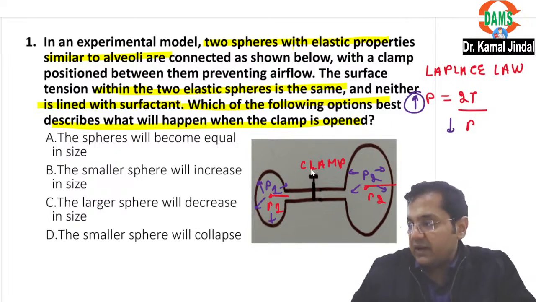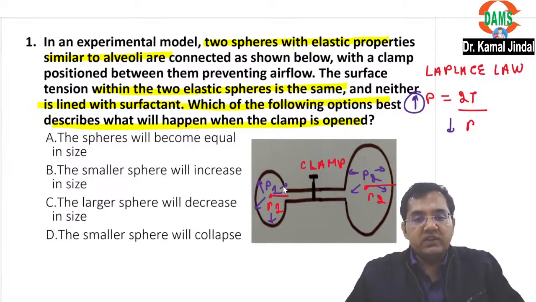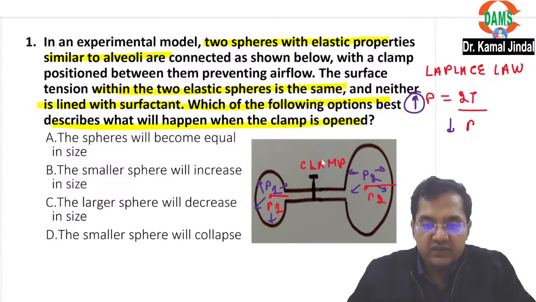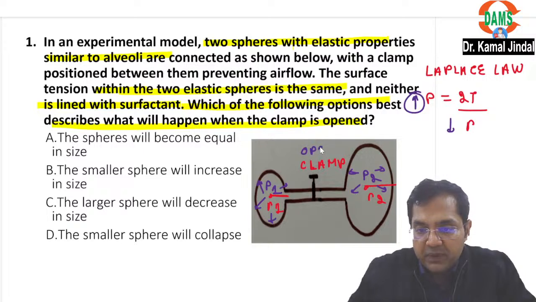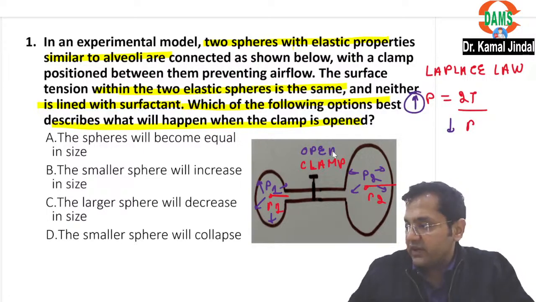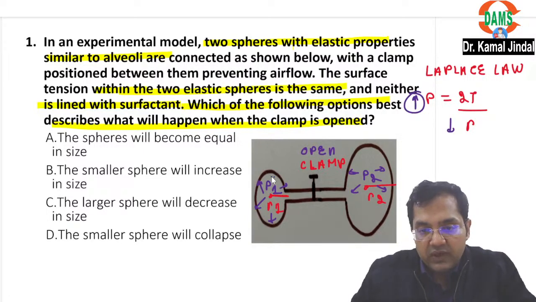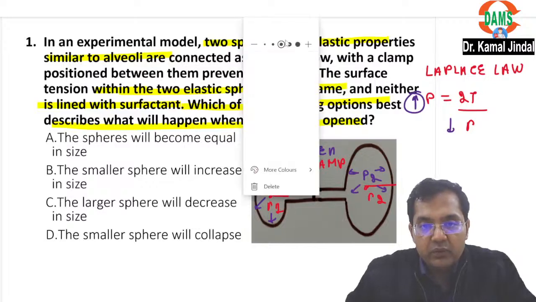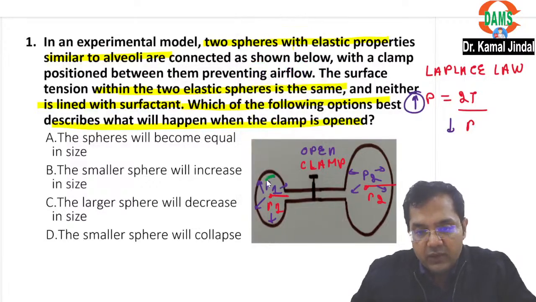Normally the clamp is preventing the movement of the air between the two spheres. But as soon as I open the clamp, the smaller sphere will, mind you now, collapse. It will become smaller in size, and the larger sphere will become further large in size. Why?